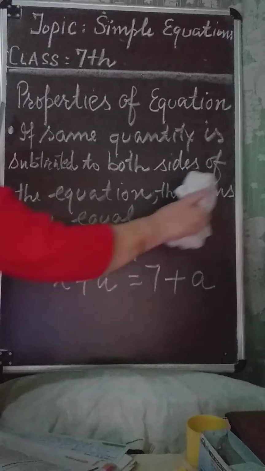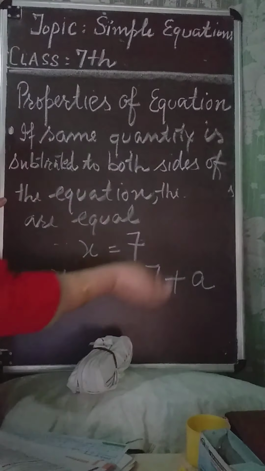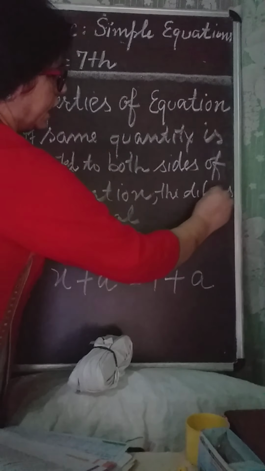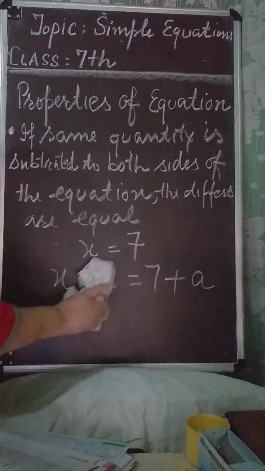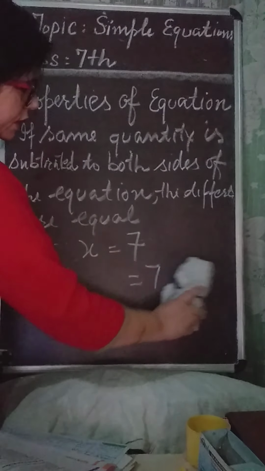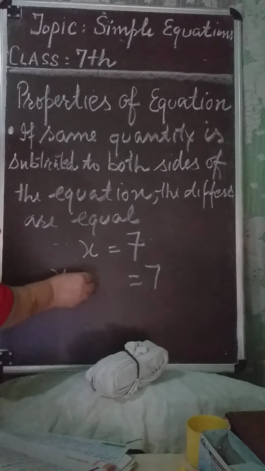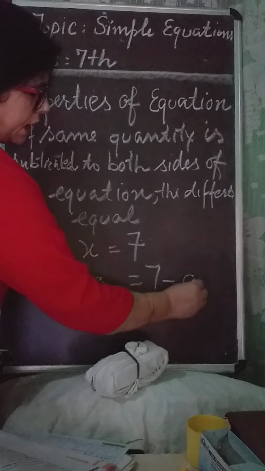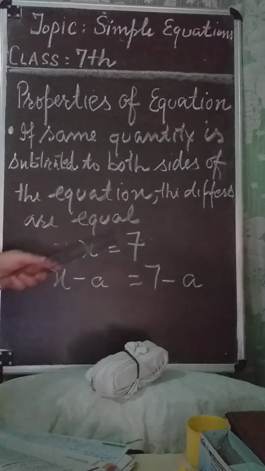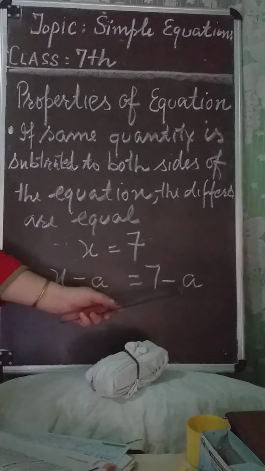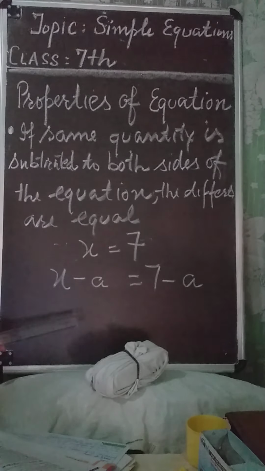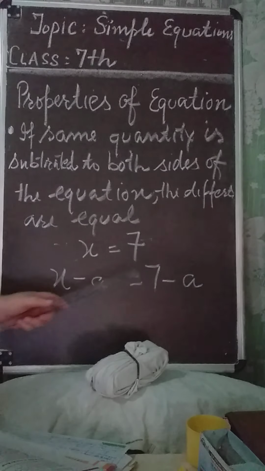So in place of sums, you can write the differences are equal, but the example will be different. If I write here x is equal to 7, I can subtract minus a and minus a. Now I have subtracted a from the left side as well as a from the right side, so the difference remains same.